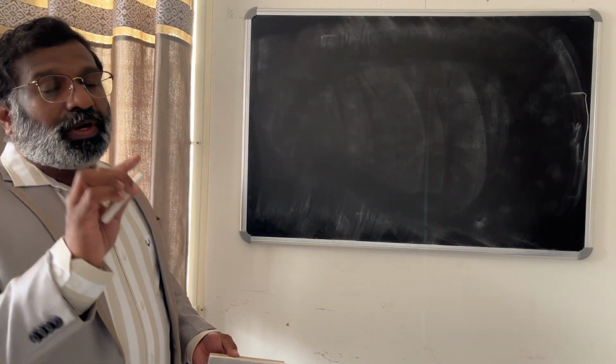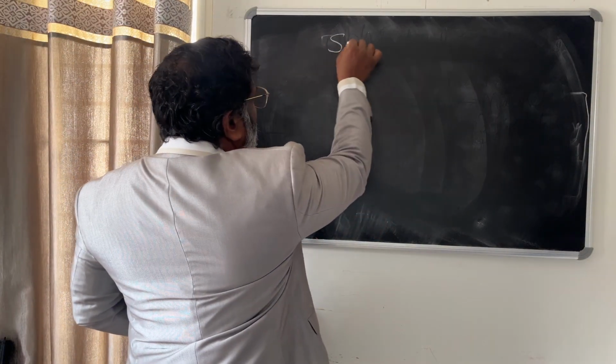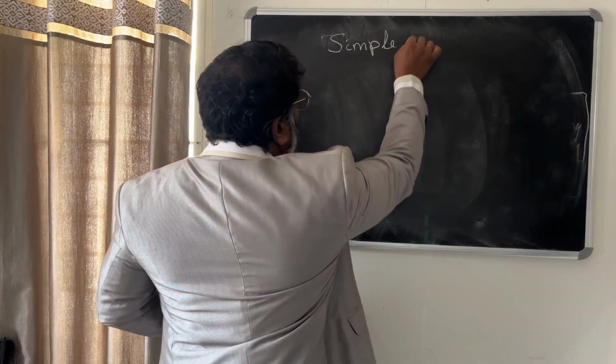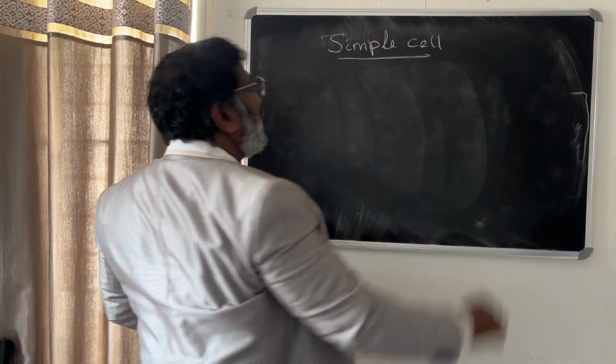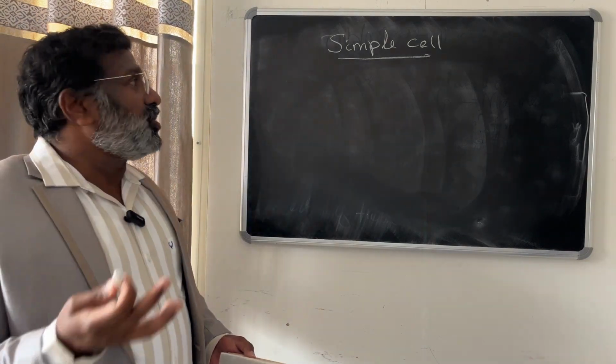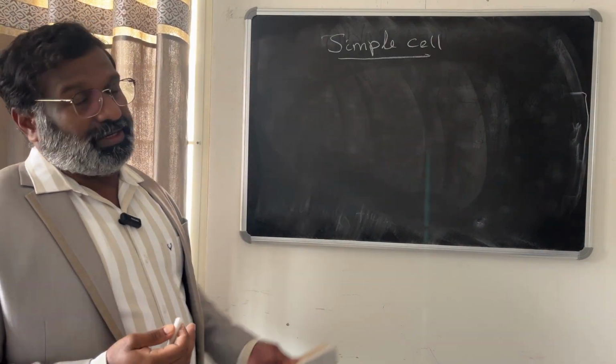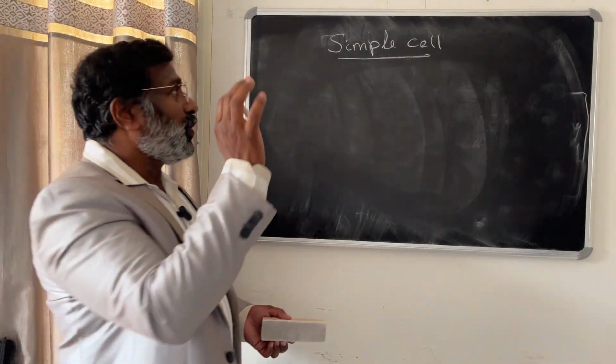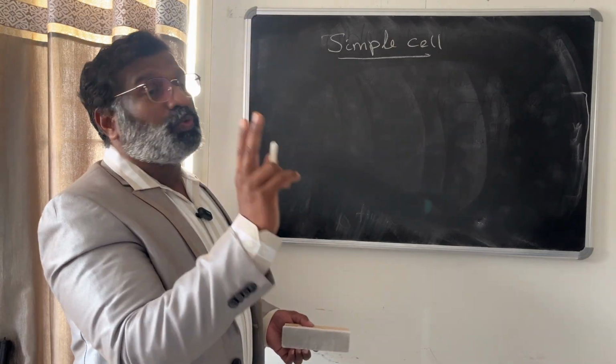Now, let's move on to a simple cell. I am going to explain how voltage is produced in a simple cell. In a simple cell, there are two metal plates.